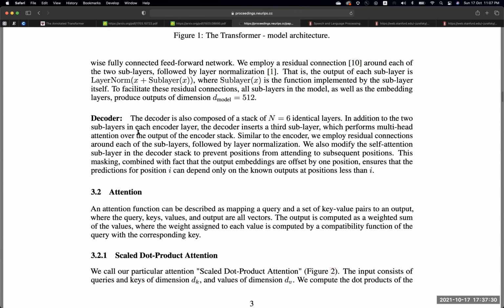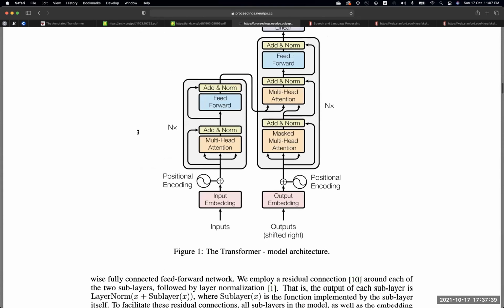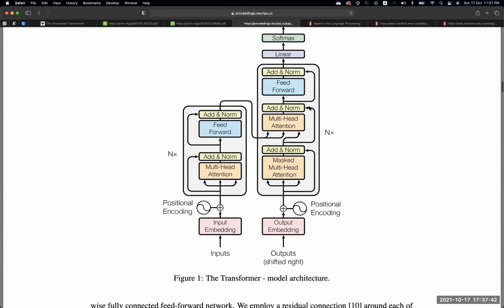Now coming back to the decoder, there's one important thing happening in the decoder I wanted to mention. In the decoder, they are doing this multi-head attention. It's at first not clear from the diagram why. They have used the term encoder-decoder attention, but it's not clear from the diagram where it is. So I just wanted to mention that encoder-decoder attention is actually this part where there is multi-head attention in the decoder side.